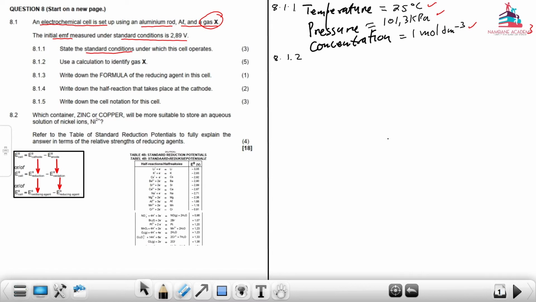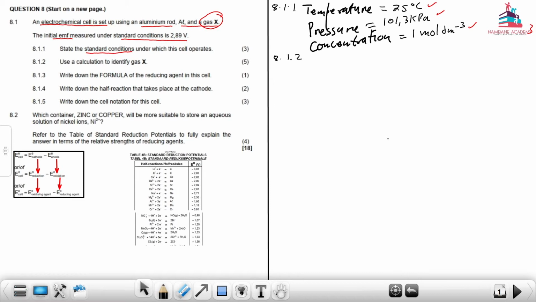It says E cathode minus E anode, or E reduction minus E oxidation, and then E oxidizing agent minus E reducing agent. So what does this say to me?